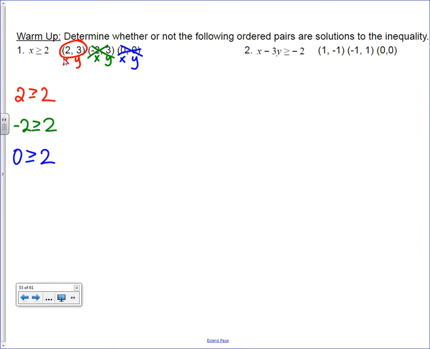This time I do have an X and a Y. So if I'm going to plug that first ordered pair in, it's going to be 1 minus 3 times -1 is greater than or equal to -2. Folks, what do you get on the left-hand side when you do 1 minus 3 times -1? Positive what?